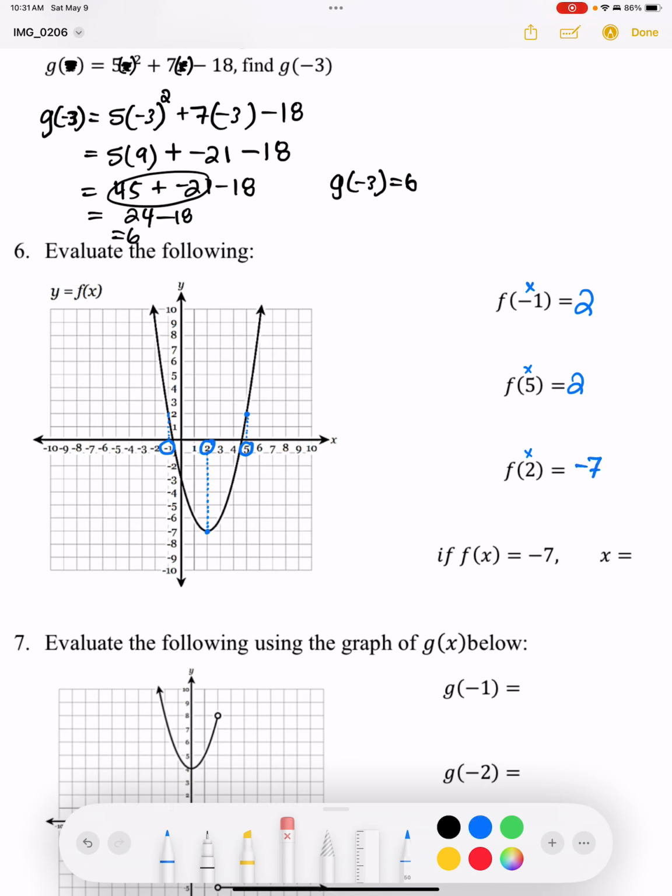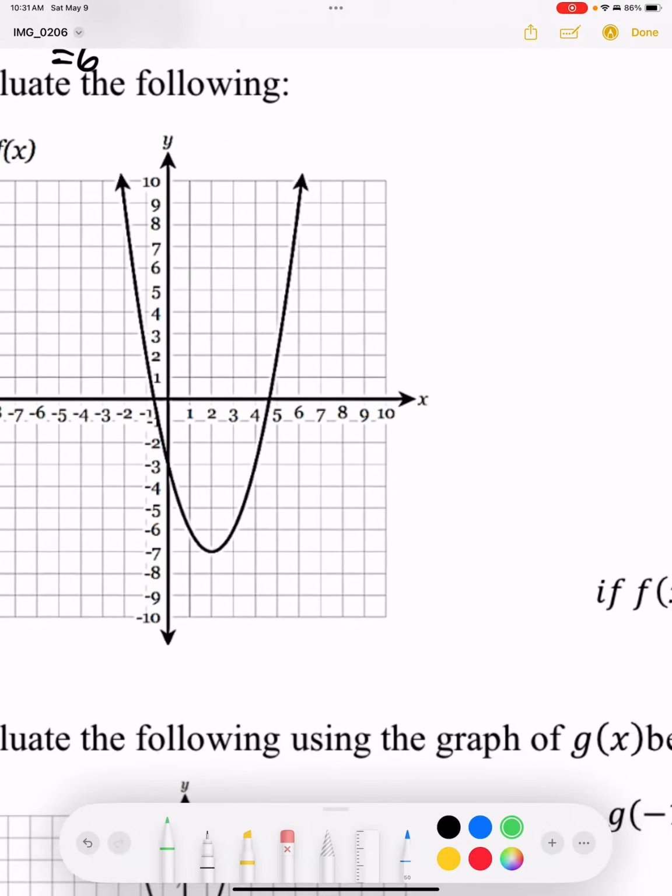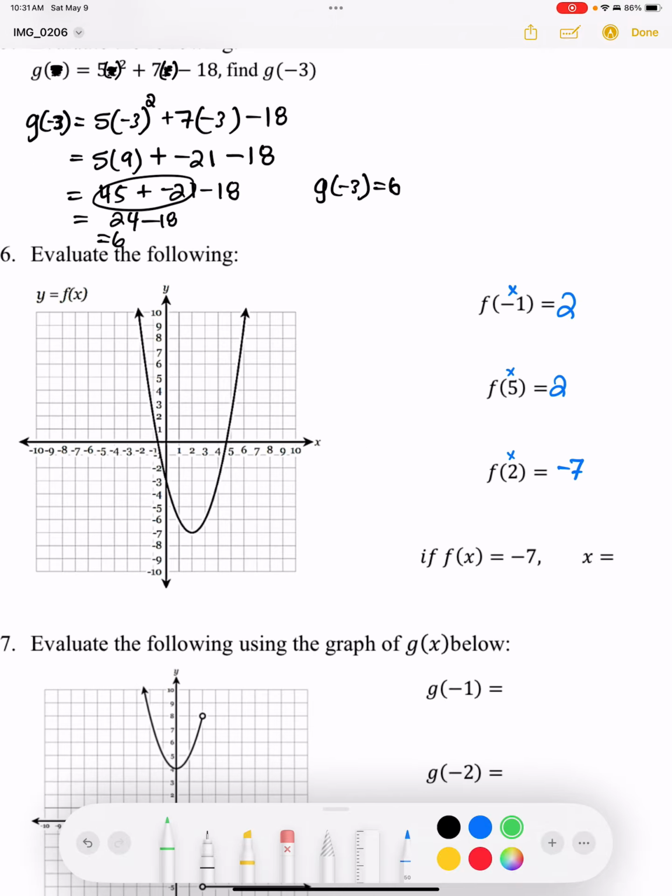And for the last one, it is backwards. So for the last one, it says if the answer is -7, then what was x? That's essentially what it's asking. So we're going to go to -7 first on the y. So now this is the x, it's missing. This is the y. So you start on the y. And in this one, you move left and right.